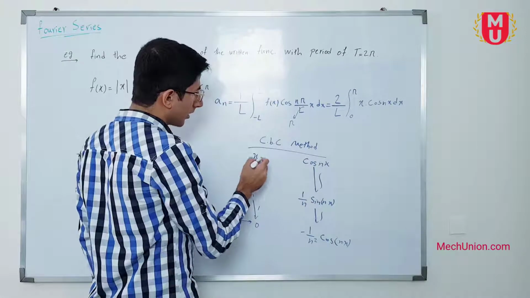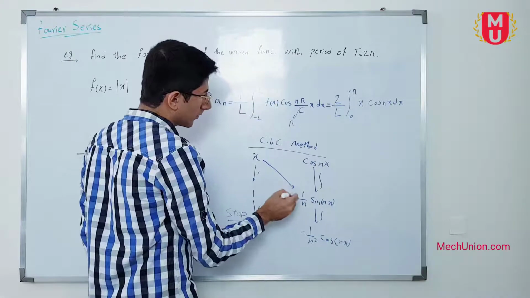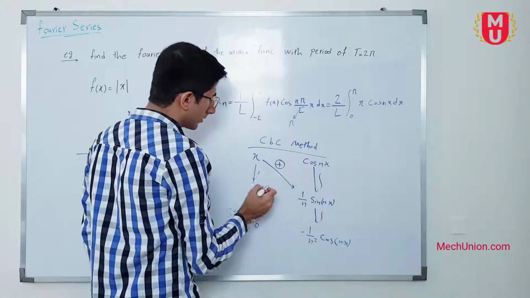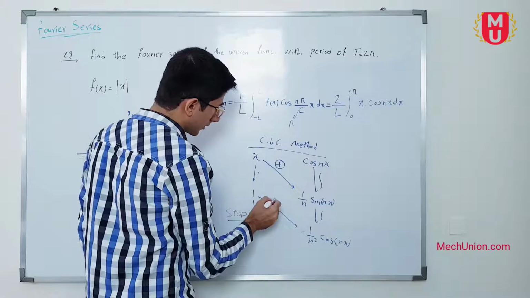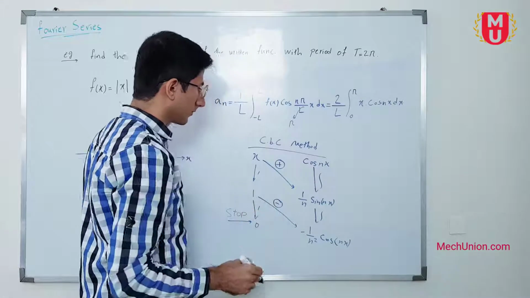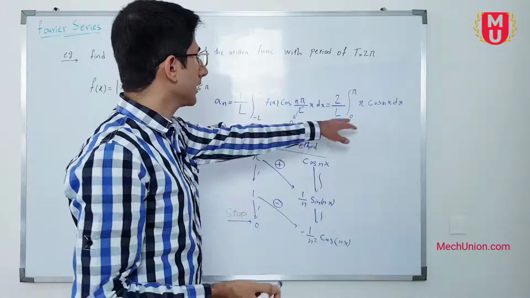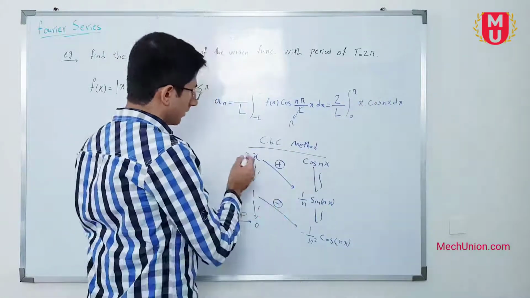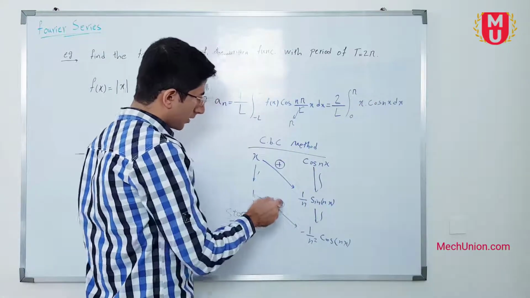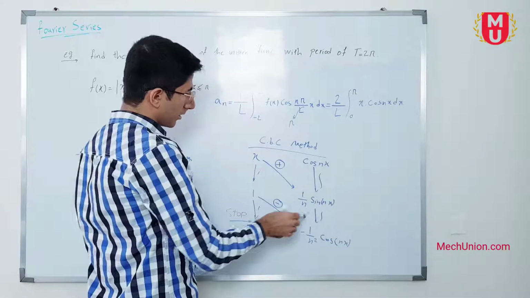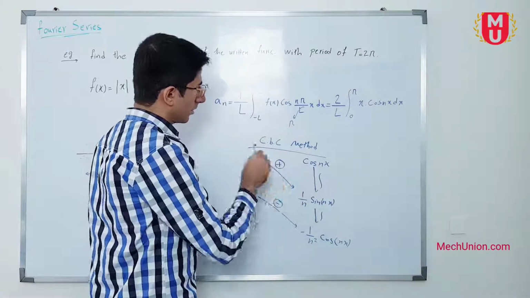We multiply x with this one with a positive sign, and 1 with that one with negative sign. Our integration is solved. We just multiply and summate the two phrases.